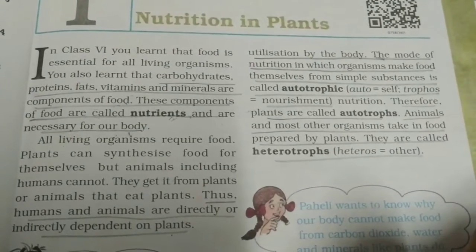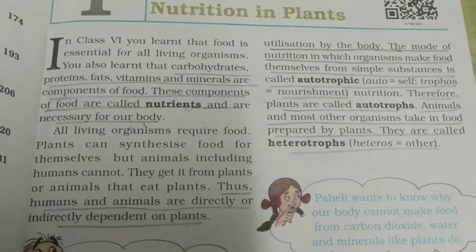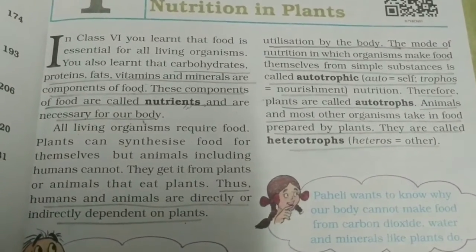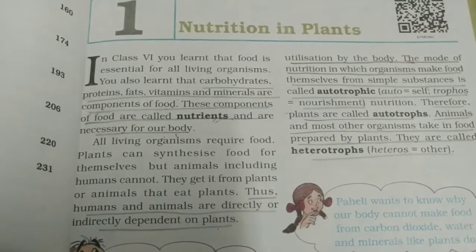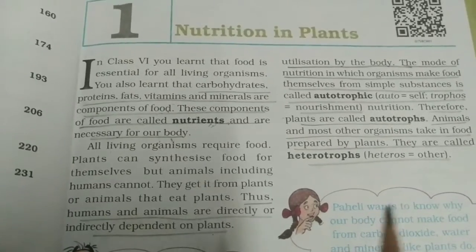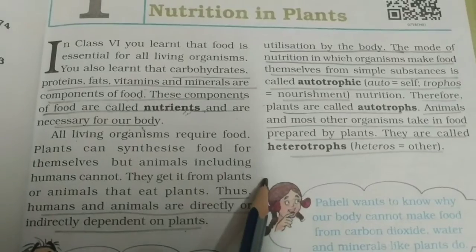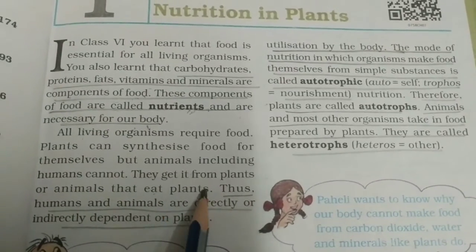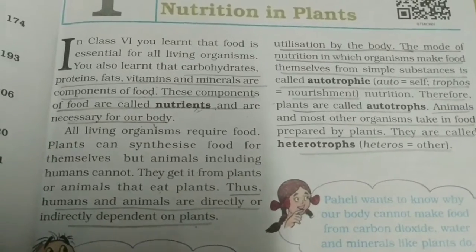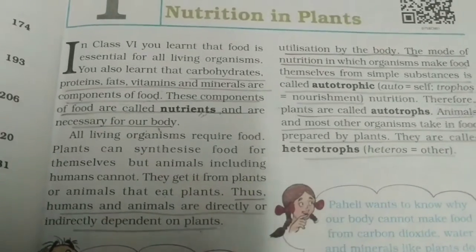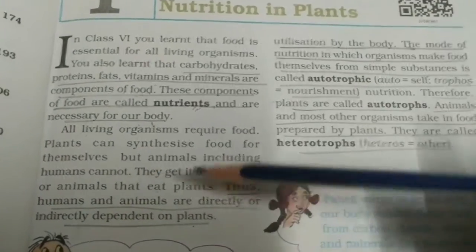Now, all living organisms require food. Plants can synthesize food for themselves, but animals, including humans, cannot synthesize food for themselves, right? So only plants can synthesize food for themselves. Humans and animals get nutrients from plants or from animals that eat plants.